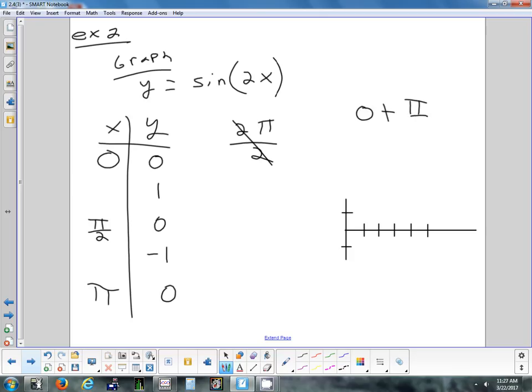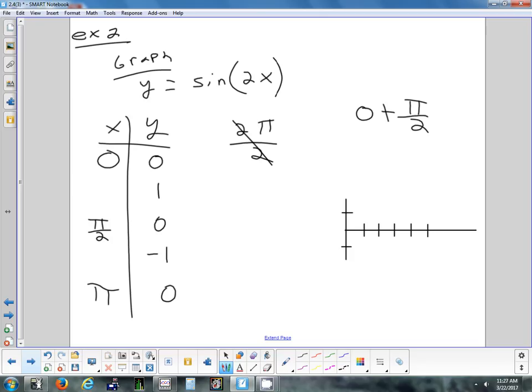So 0 plus pi over 2. No, not 2 pi. What happens when you add 0 to something? It stays the same. So what's 0 plus pi over 2? Pi over 2.